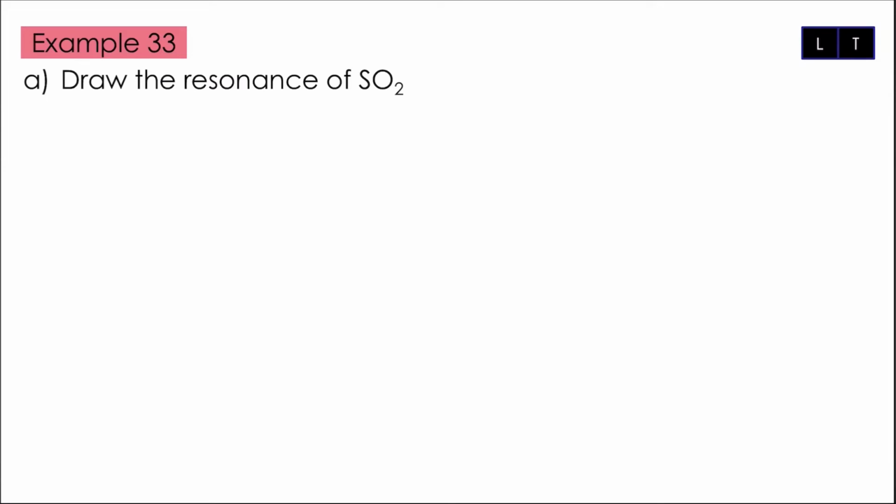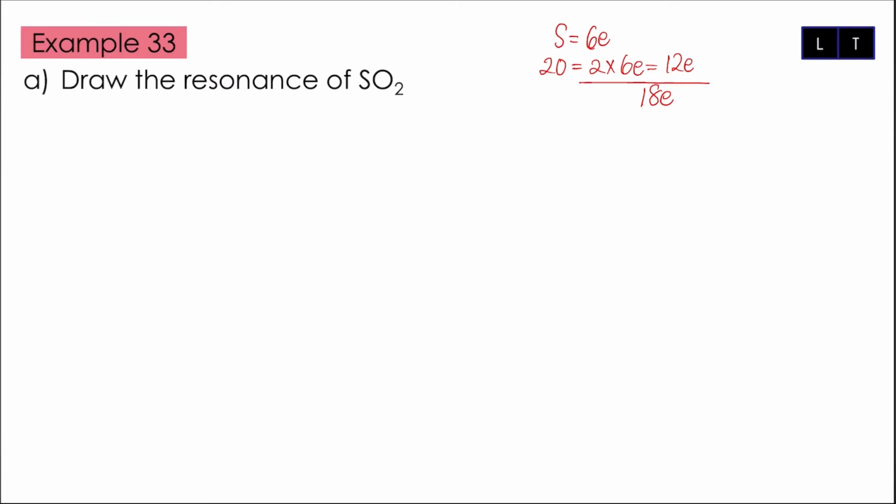So I have sulfur with 6 valence electrons, and then I have 2 oxygens with 2 times 6 electrons. It means that 12 electrons. The total will be 18 electrons. In this case, I'm going to draw the first structure for SO2.